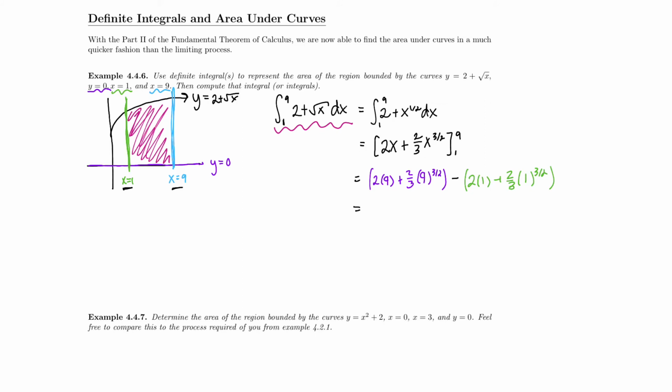Misread that top bound there. This should give you 36 minus 8/3, for a total of 100 over 3.